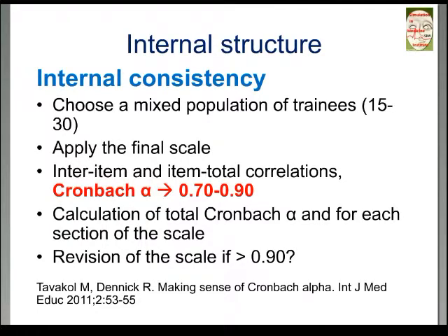For this reason, in the search for redundancy between items, it is important to calculate the Cronbach alpha for each section of the scale. If it appears that redundancy exists in a given section, it should lead to a modification of the scale in order to prevent it.